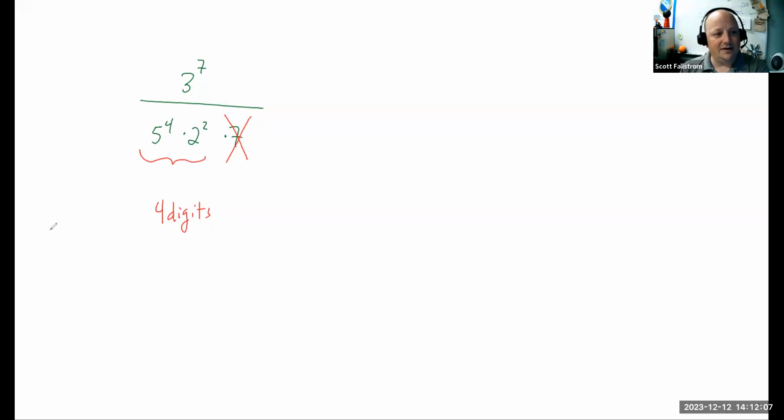Okay, but it's not terminating, right? Because there's a 7 in there. Oh, you stinking 7. So this says that it repeats. It's the only thing in this piece that is repeating. So therefore it repeats in 6 or fewer digits. So I have 4 digits that don't repeat, and then the rest of it repeats in 6 or fewer digits.